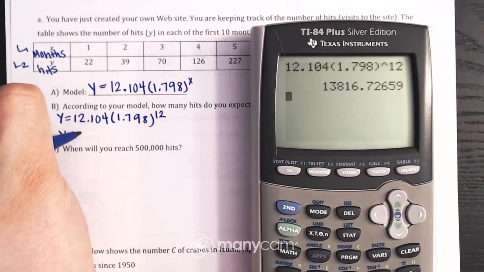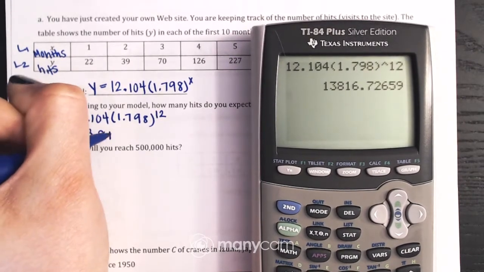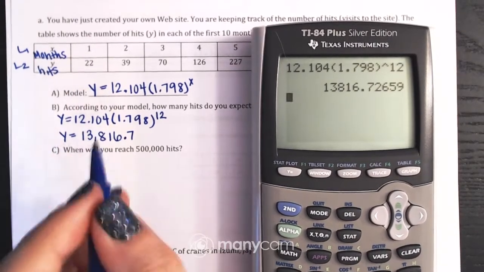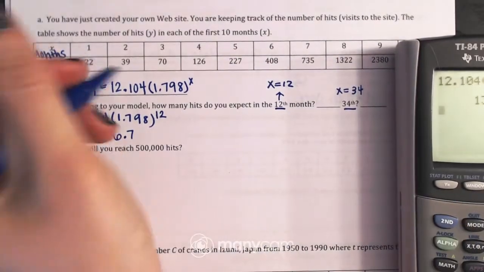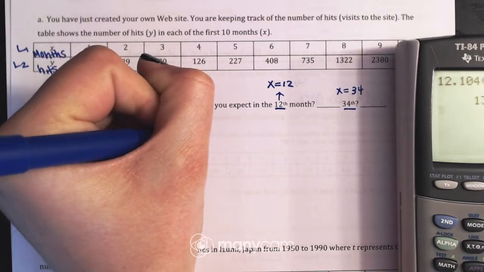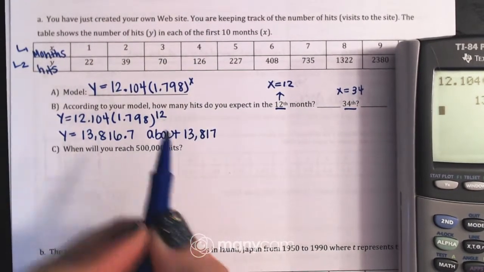So in the 12th month, we can expect about 13,816.7 hits. Now, it doesn't really make sense to have a decimal amount for a hit on a website. So maybe we'll say about 13,817. We'll round up there because of this decimal.